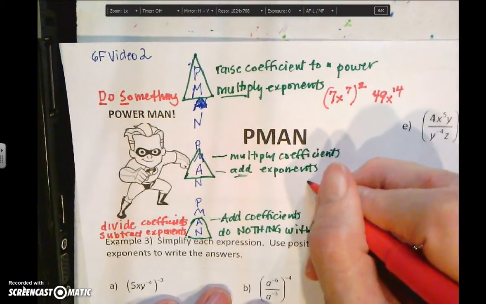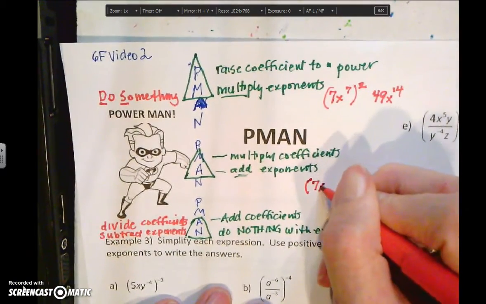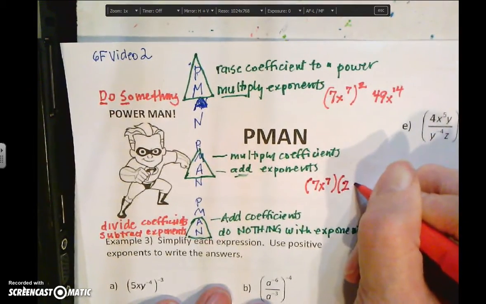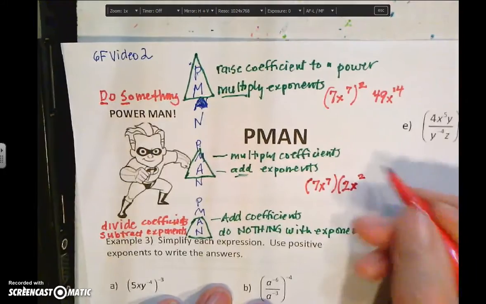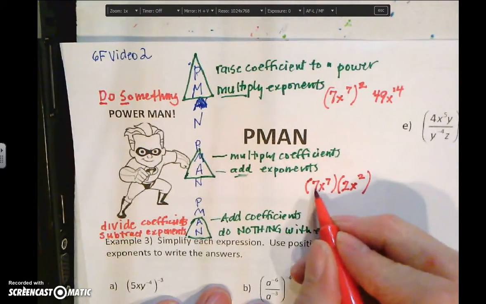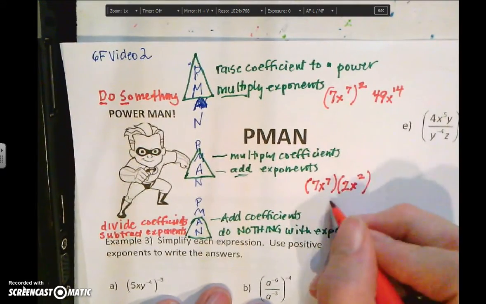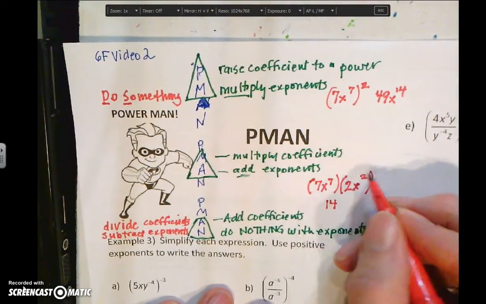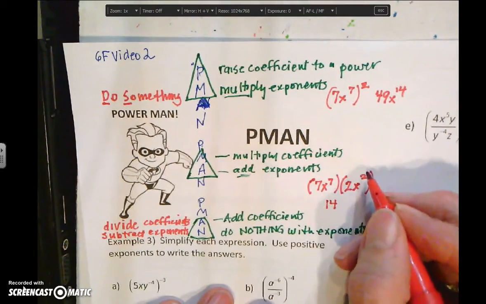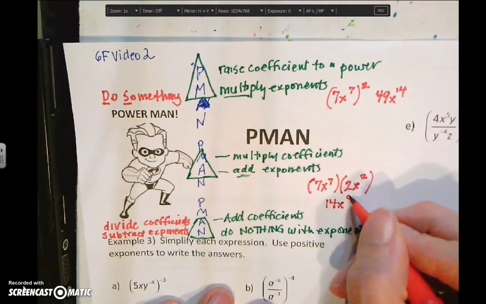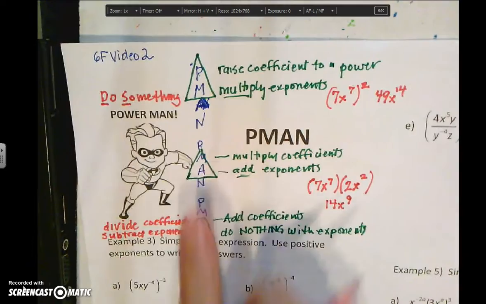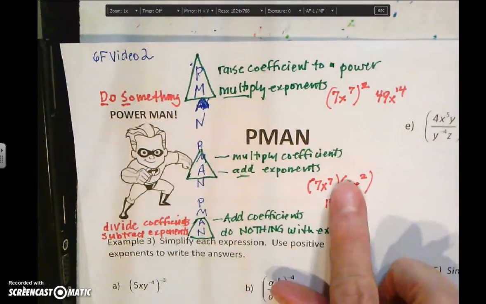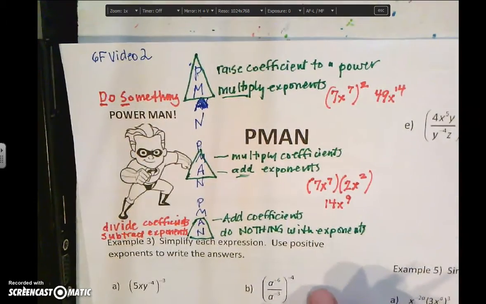So for example, if I had the 7x to the 7th, and I multiplied it times 2x squared, I'm going to multiply this 7 times the 2 and get 14, but I'm going to add the exponents, 7 plus 2, and get 9. So Power Man, multiply coefficients, add the exponents. It was a multiplication problem to begin with.